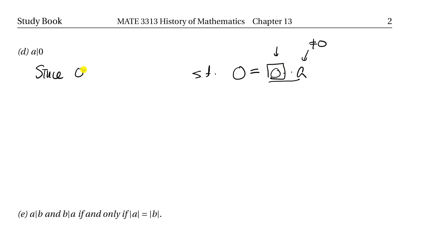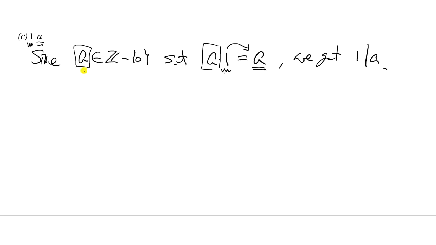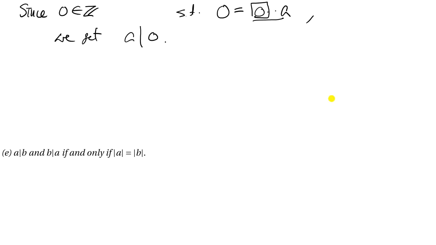So since 0 is an integer, such that this way, therefore, we get that A is a divisor of 0, the B. So when you compare this with the other case, it's just the same thing, right? You're just looking for an integer satisfying that equality, always like that.